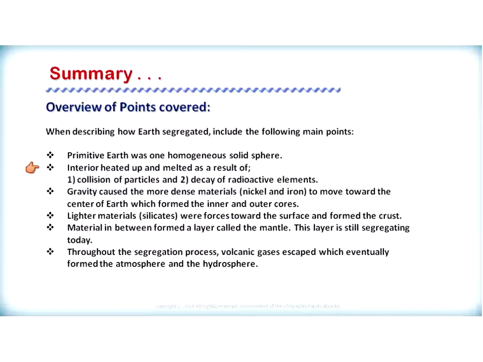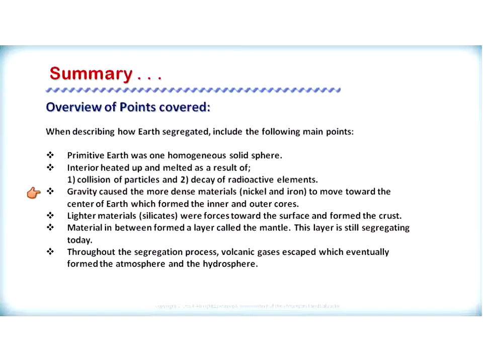Include that the Earth's interior heated up as a result of, number one, the collision of particles, which generated heat due to friction, and number two, the decay of radioactive elements, which when they broke down, they generated heat. Two of these points together created the interior of the Earth to heat up.